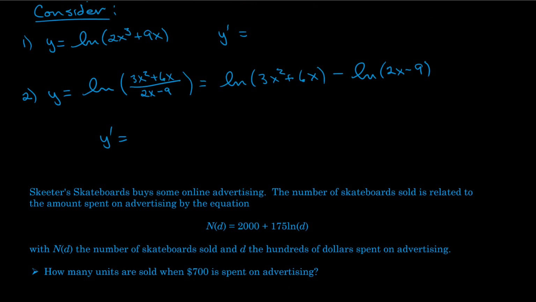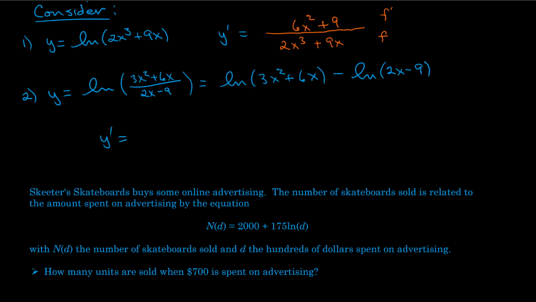First off, we have the natural log of 2x cubed plus 9x. Remember, it's going to be f prime over f. The f is this 2x cubed plus 9x. The f prime is the derivative of that, 6x squared plus 9. And you know what? It's done. That's all there is to it.